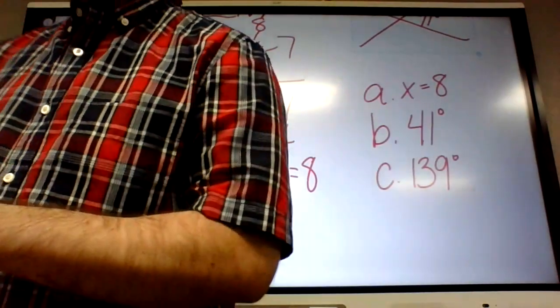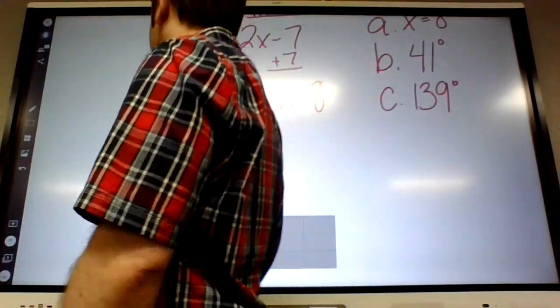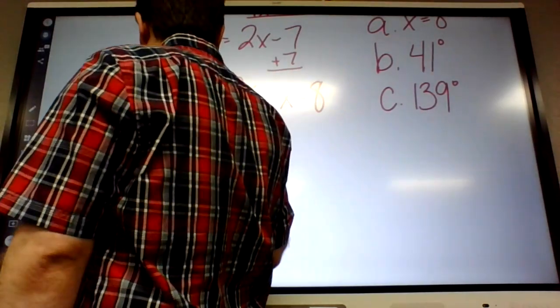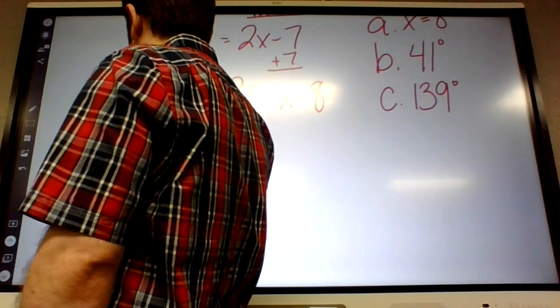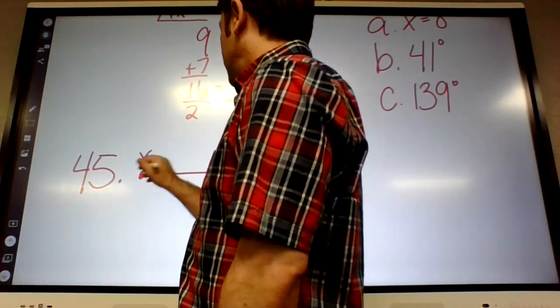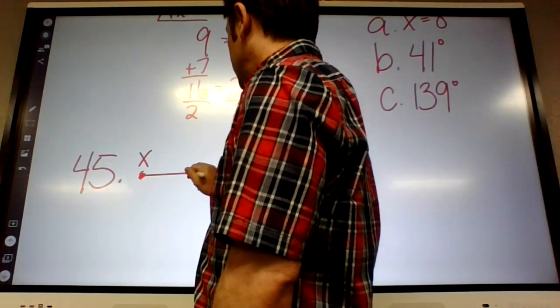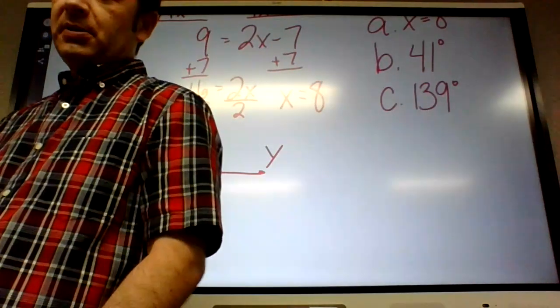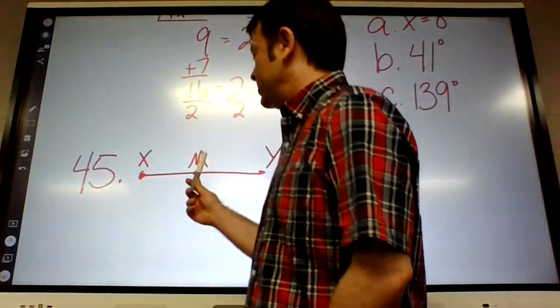Okay, 45. If M is the midpoint of XY. So on these, you probably want to remember, start by drawing the picture, figure out what they're talking about. M is the midpoint of XY. So if M is the midpoint, then what do we know?